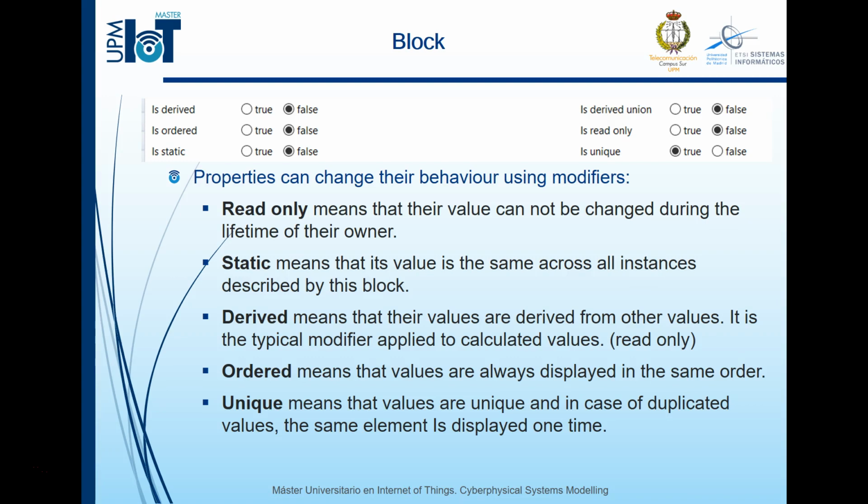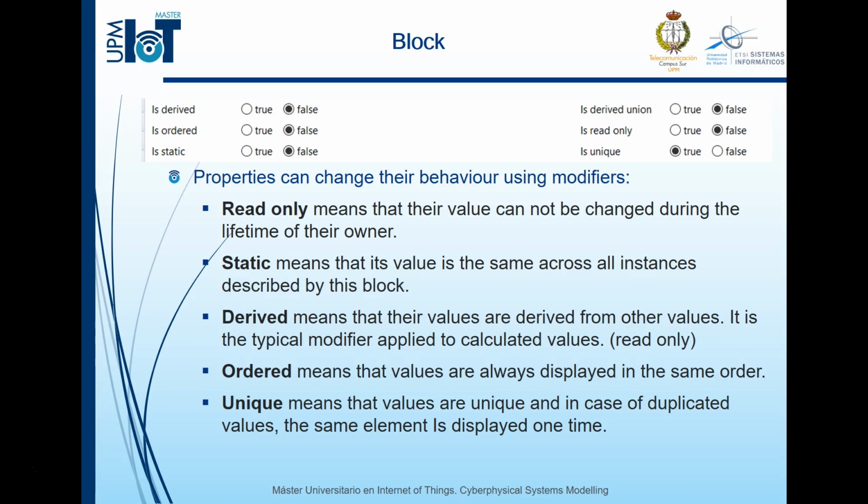So the meaning, the simplest one is read only, which means that the value of this feature cannot be changed during the lifetime of the block. You create the block and you assign a value for this property, and this property will never be changed until the next time you are creating a new one, of course.